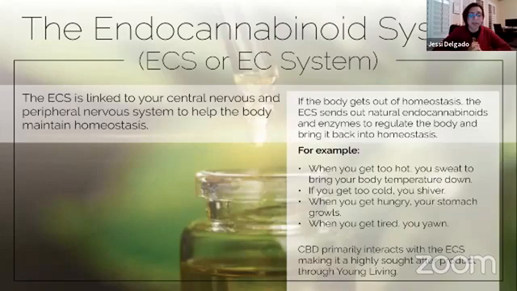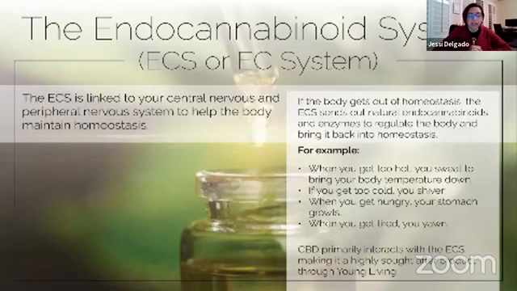It is the body's attempt to maintain a constant internal environment, and maintaining a stable internal environment requires constant monitoring and adjustments as conditions change. So if the body gets out of homeostasis, the ECS sends out natural cannabinoids and enzymes to regulate the body and bring it back to the balance that it needs to be.